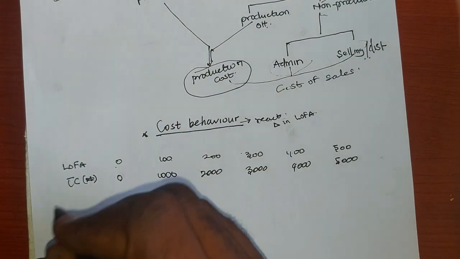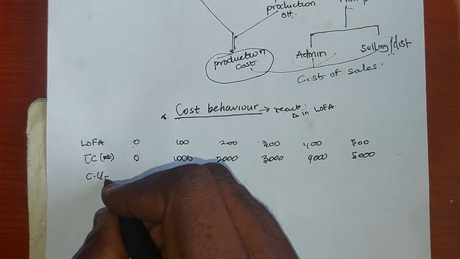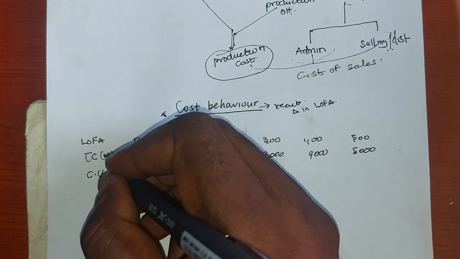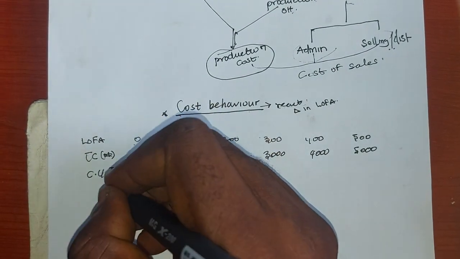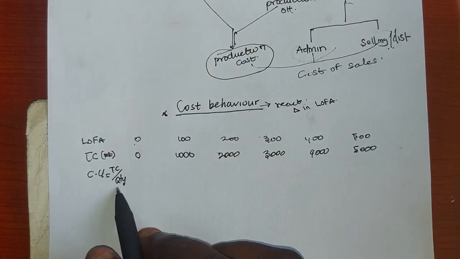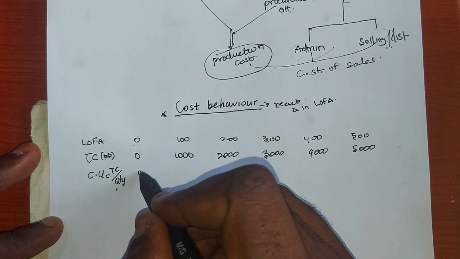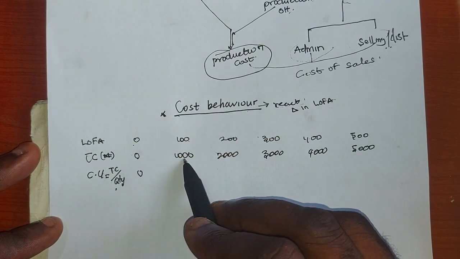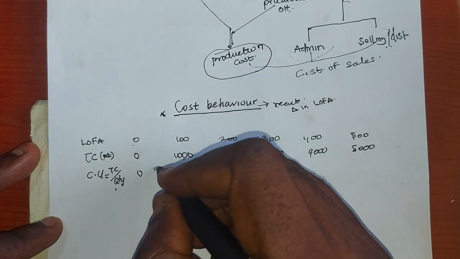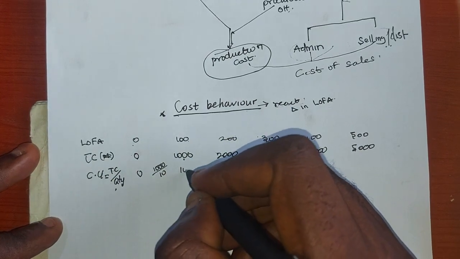And don't forget, cost per unit. To calculate our cost per unit, we have our total cost divided by the quantity, which is the level of activity. So 1,000 divided by 100 gives 10.